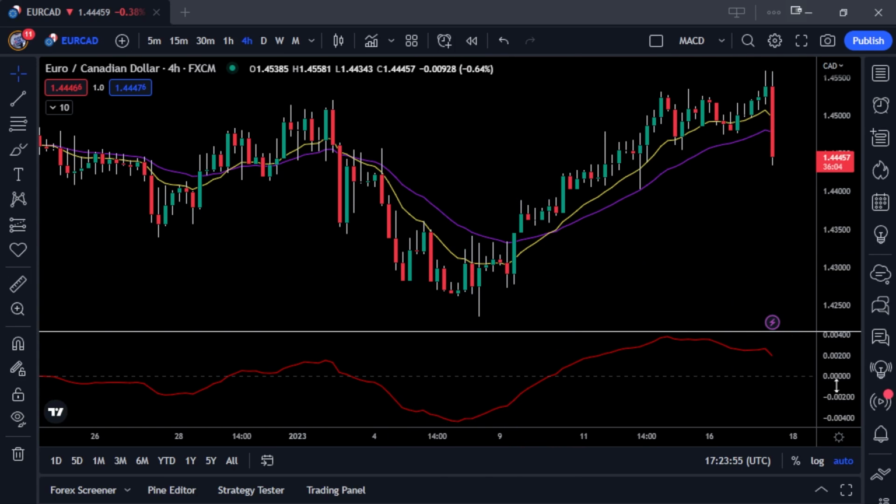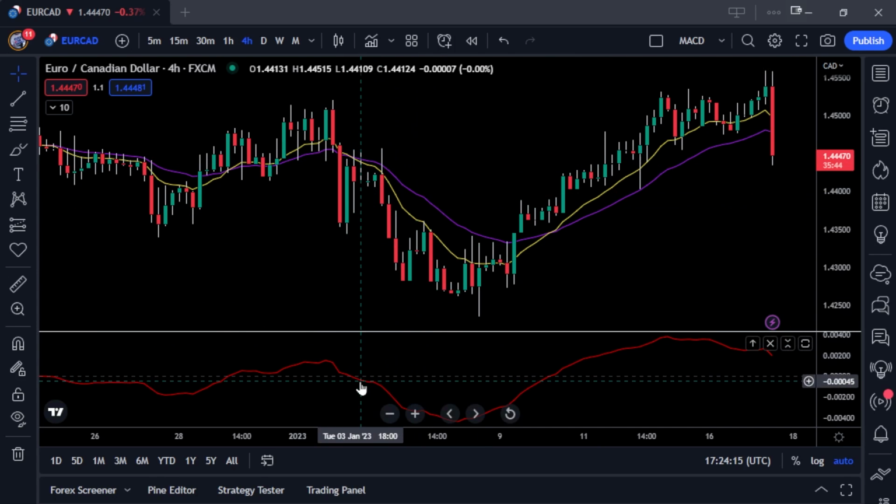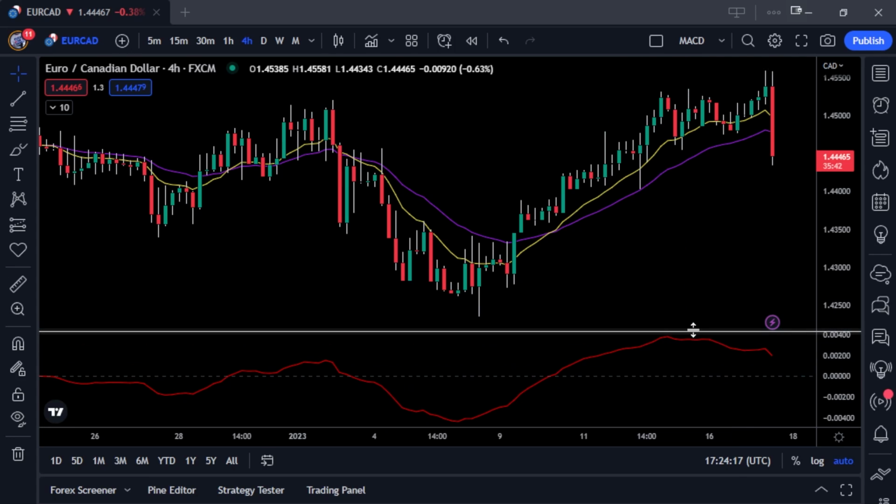You can see the distance between those moving averages down here. So that's the basis of the MACD. Shorter moving average over the longer is a bullish signal. Shorter moving average crossing below the slower moving average is a bearish signal.